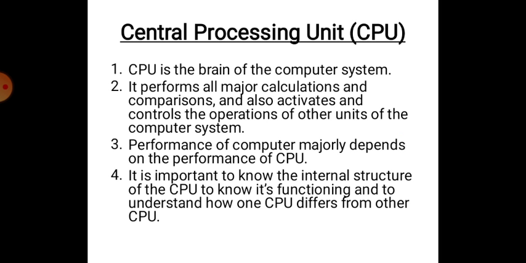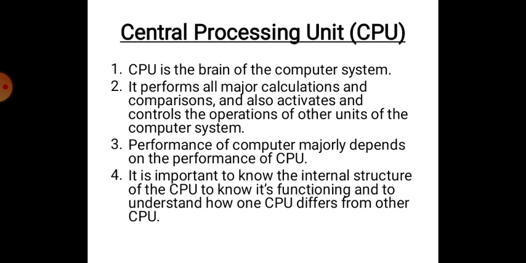That means it controls all the parts of the computer system and gives them instructions about what to do and what not to do. It activates all the parts of the computer system. Point number 2. It performs all major calculations and comparisons and also activates and controls the operations of other units of the computer system.